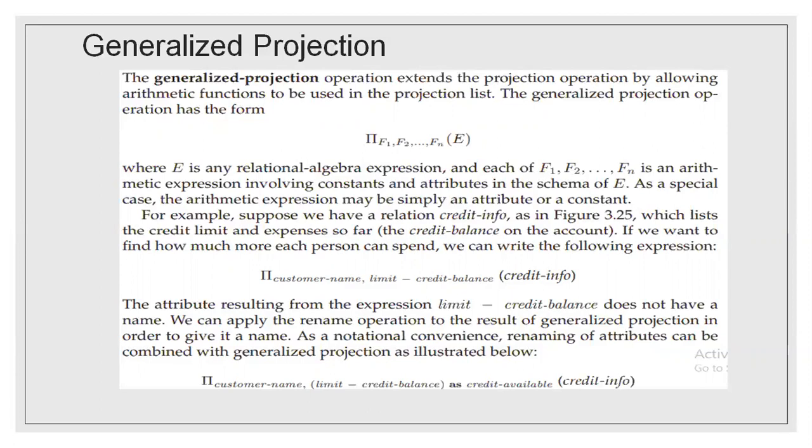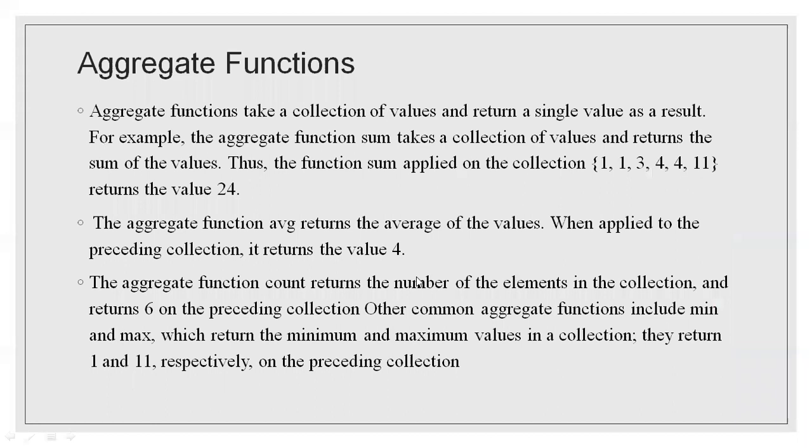So this column, limit minus credit balance, will be named credit available from the credit info relation. I hope you understood. Finding a column with a particular calculation is nothing but the generalized projection.